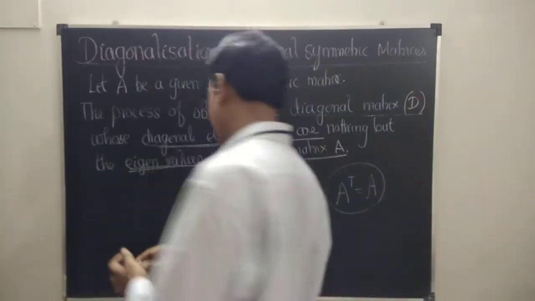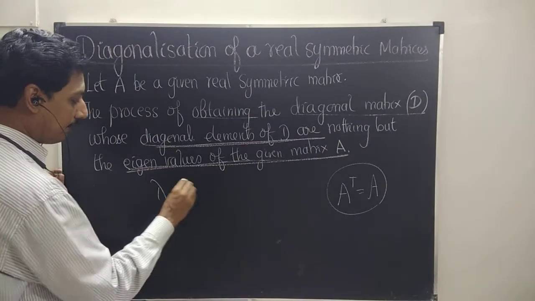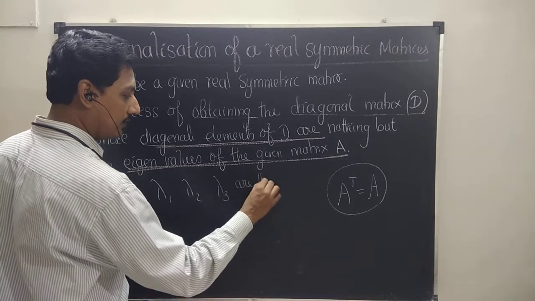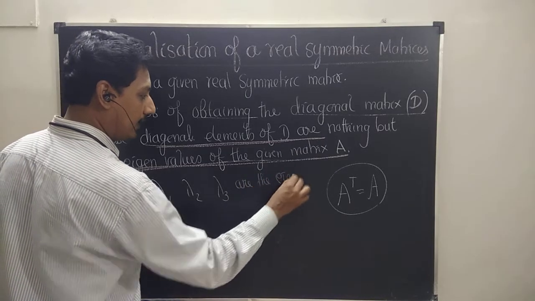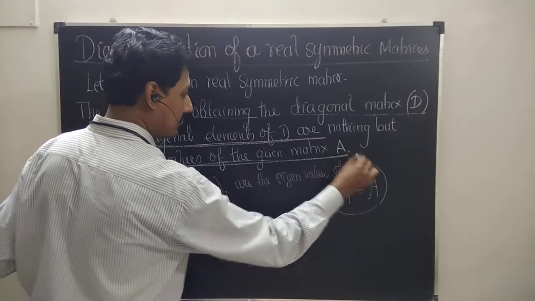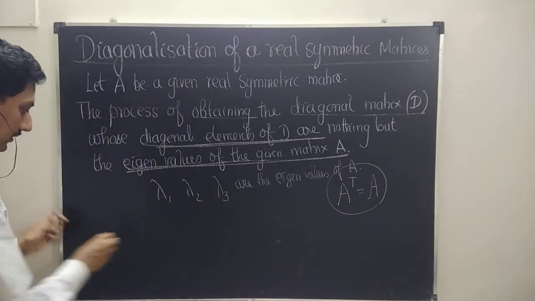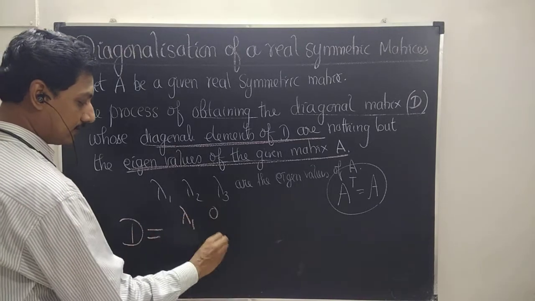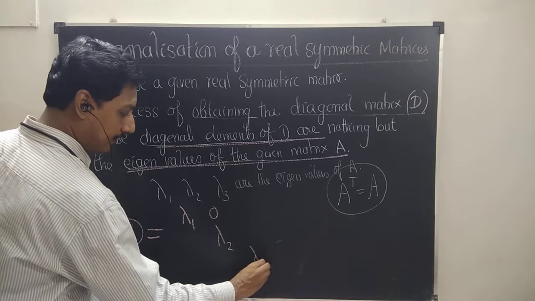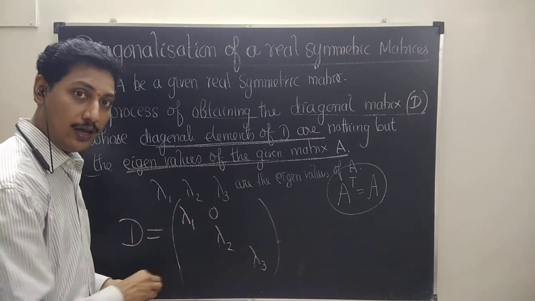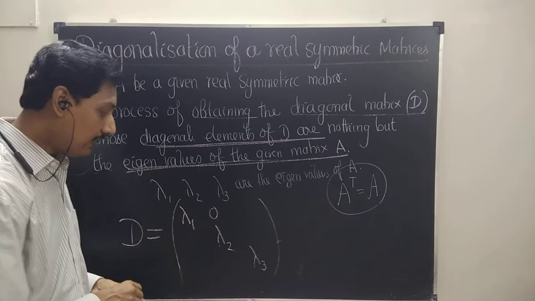For example, A is a given matrix and lambda 1, lambda 2, lambda 3 are the eigenvalues of the given matrix A. Then what is the diagonal matrix D? The diagonal matrix D has the diagonal elements lambda 1, lambda 2, lambda 3. It's a 3 by 3 matrix, so the three diagonal entries are nothing but the eigenvalues of A.